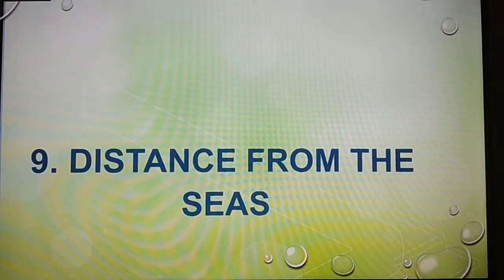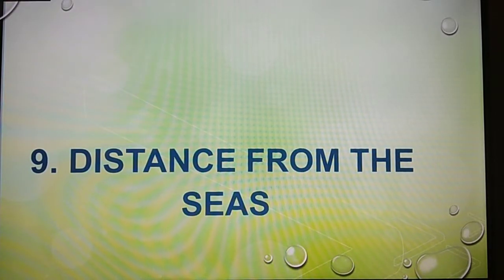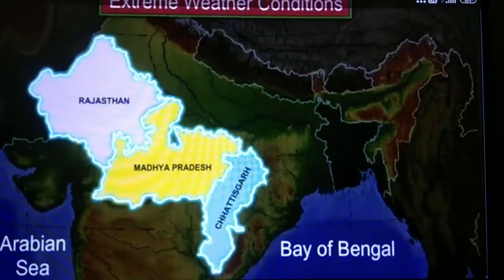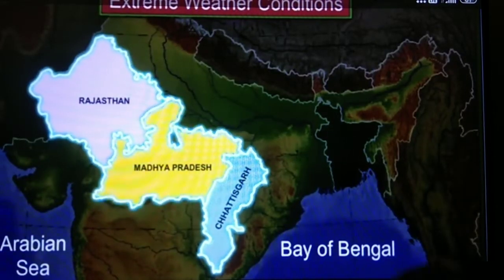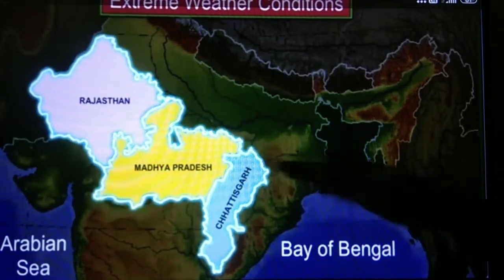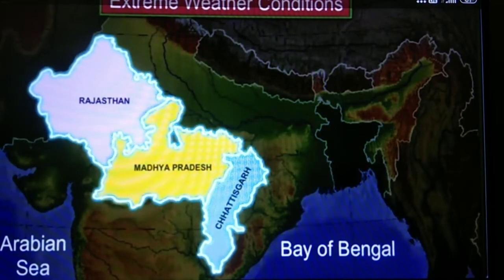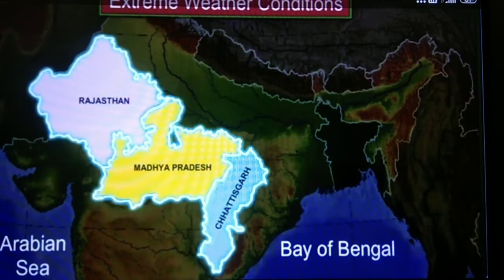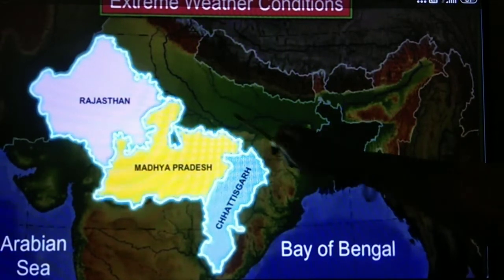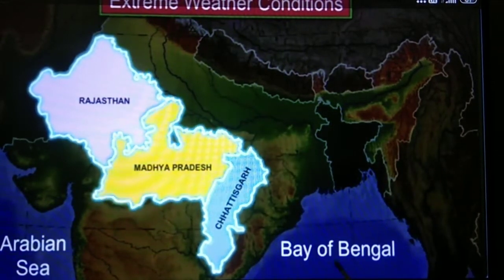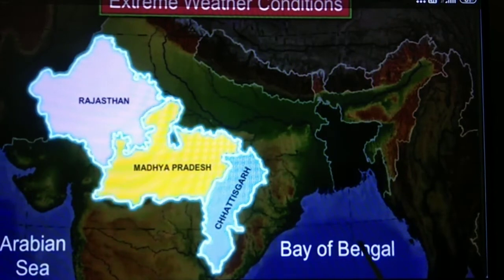Now the ninth factor, that is distance from the sea. Areas in the interiors of India. What do you mean by interior? It means away from the oceans or sea. Clear? The interior of India has an extreme type of climate, or we can call it a continental type of climate.